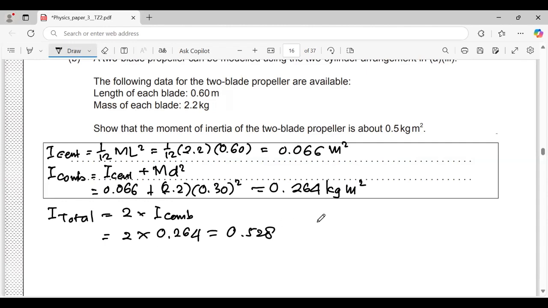This is the result in kilograms meter squared. And you can simplify, it becomes 0.5 according to the statement.